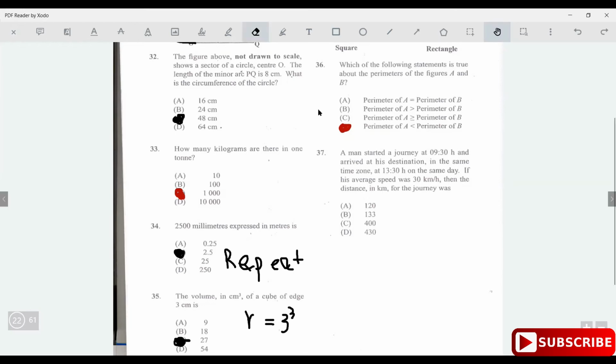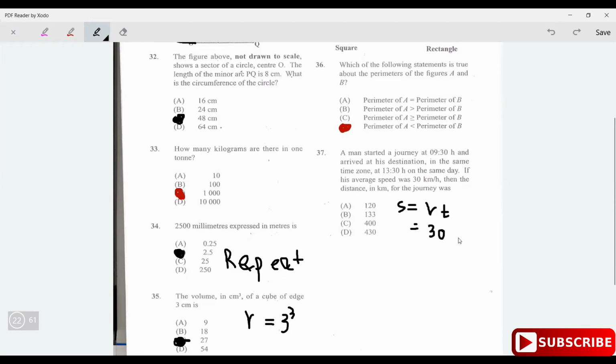So the man has been traveling for 4 hours. If his average speed was 30, what was his distance? Now distance is equal to speed times time. The speed he was traveling at is 30, and the time was 4 hours. 30 times 4 is 120 kilometers. Nice.